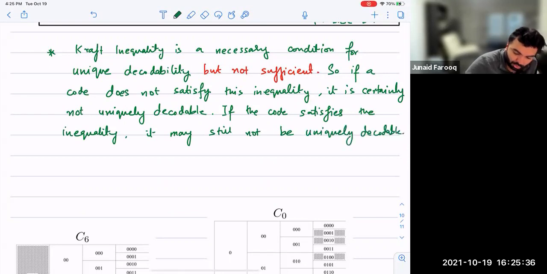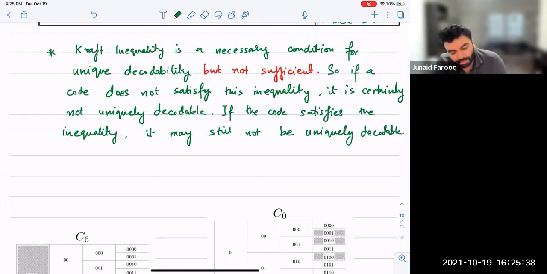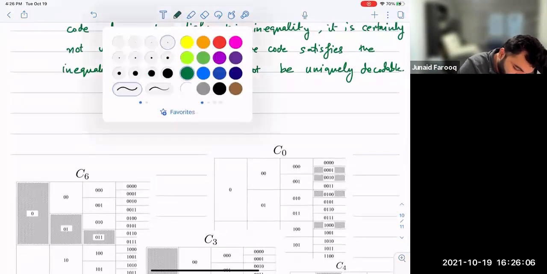This inequality can help you clean up or eliminate codes that are not uniquely decodable. So if a code word length does not satisfy Kraft inequality, then you can safely assume that it can never be uniquely decodable. But obviously, the space is larger.